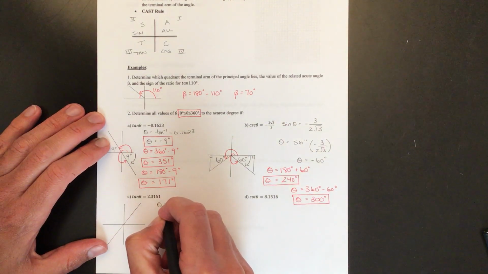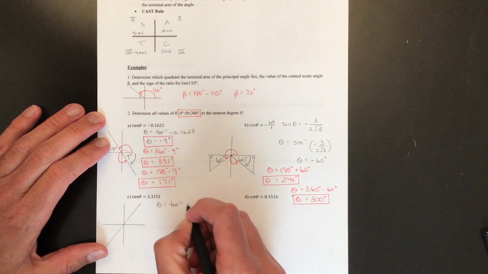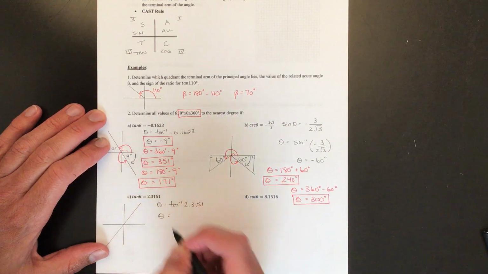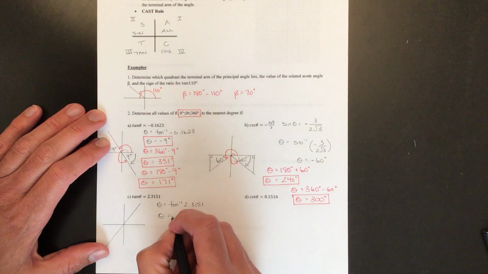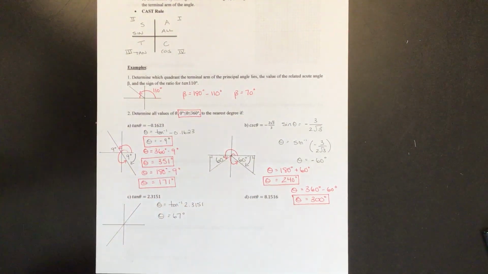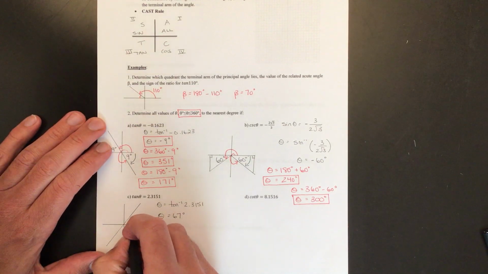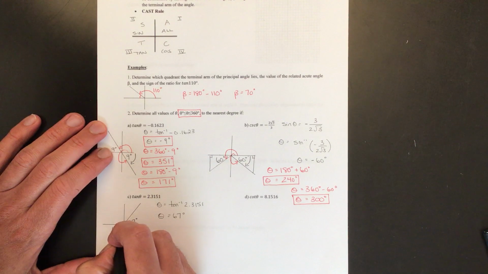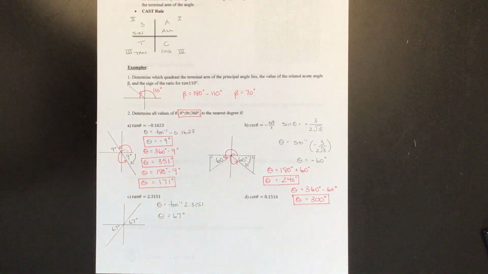So to find the angle, I'm doing the tan inverse of 2.3151. And I get an angle of 67. So my acute angle is 67 here, and it's also 67 in this angle.